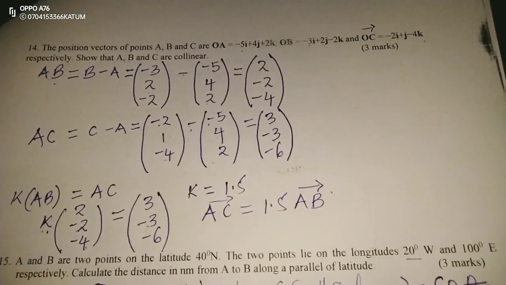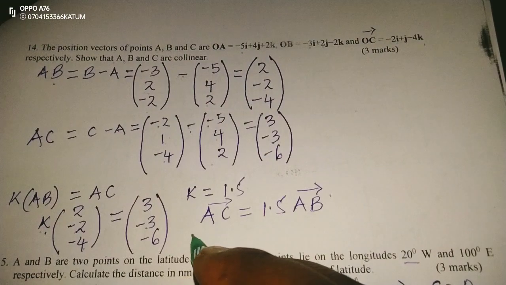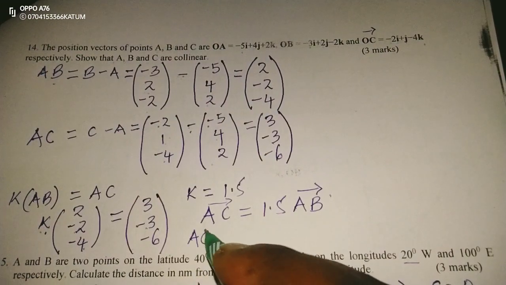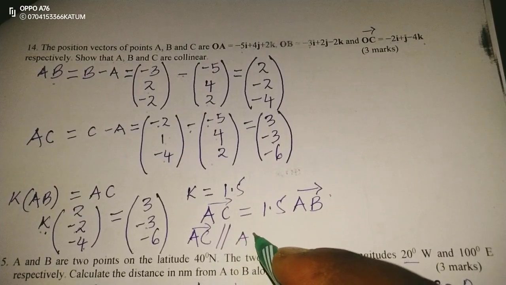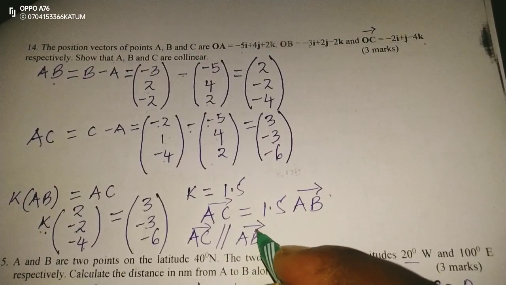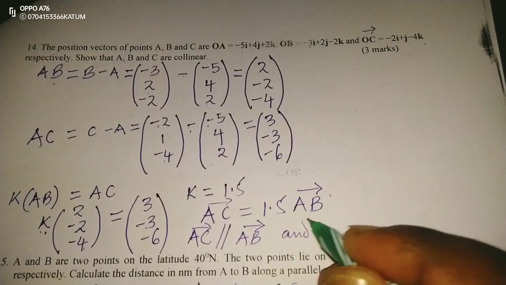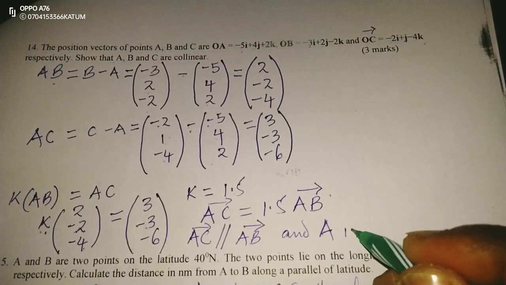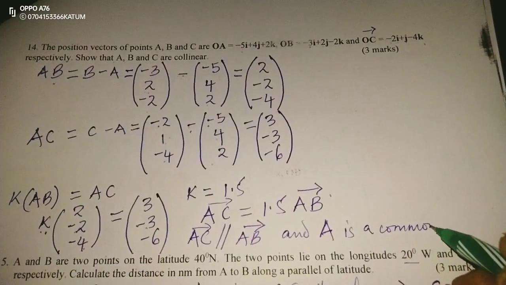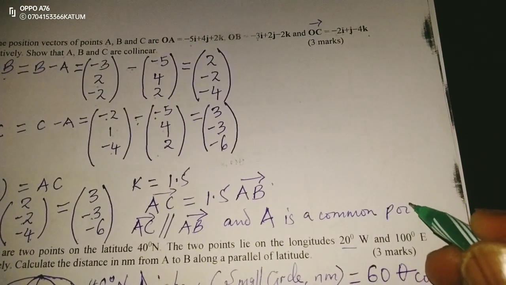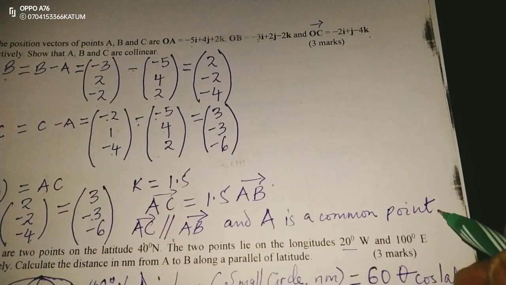This means the vector AC is parallel to vector AB due to the presence of the scalar multiple, and A is a common point, since A is appearing in both vectors.